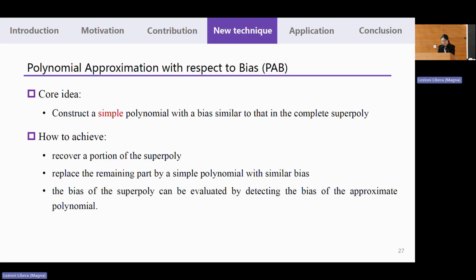To achieve this, our main idea is to recover a portion of the complete superpoly and replace the remaining part with a simple polynomial with similar Bayes. Then the Bayes of the superpoly can be calculated by detecting the Bayes of the approximate polynomial.